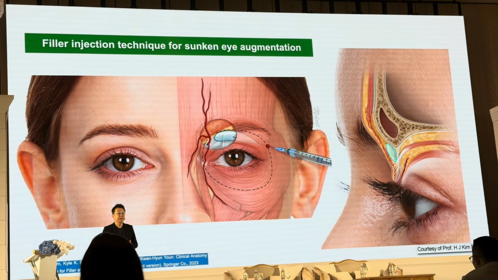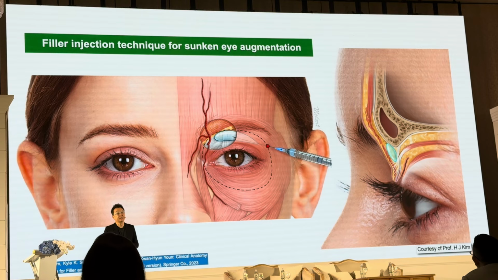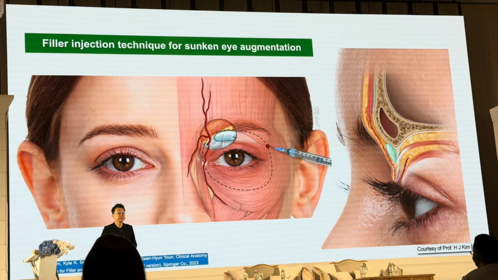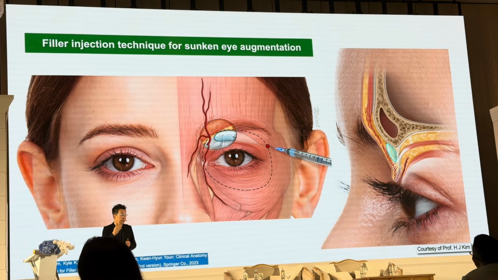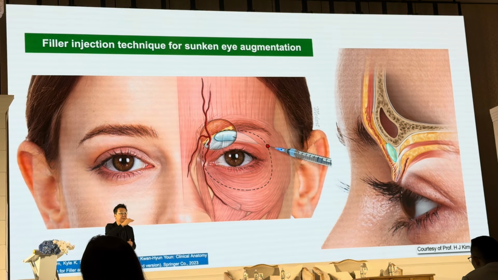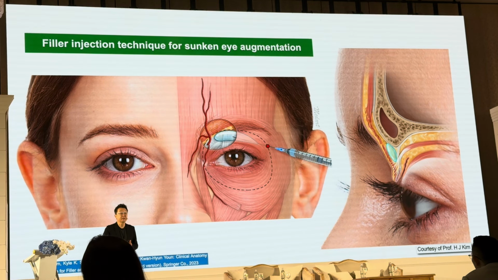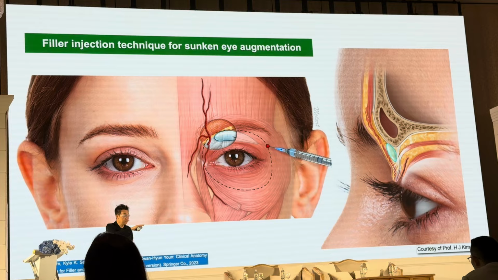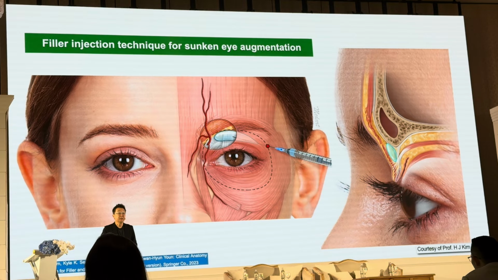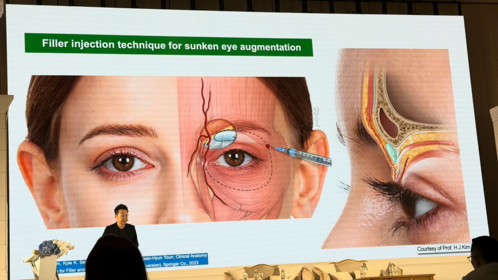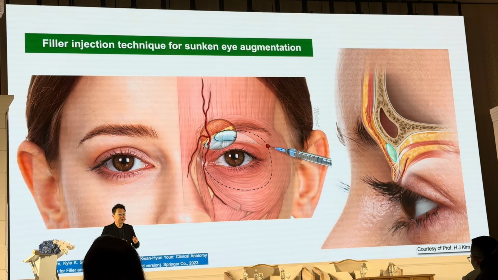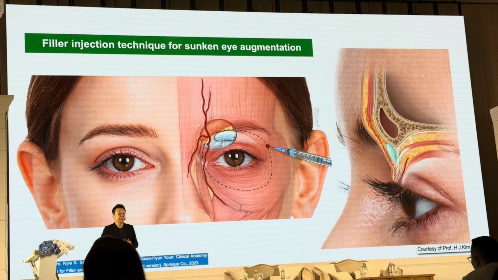In the textbook, we show the guidelines to use the cannula, and when you stick the tip of the cannula in the medial canthal plane, it should be injected along the periosteum of the wing areas. So please remember, this is a very dangerous point.